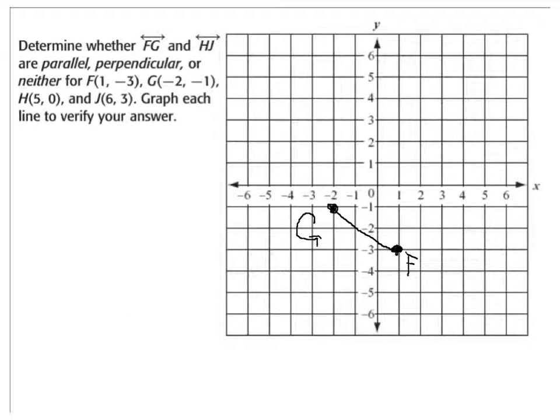HJ is 5, 0. Again, this is a line, by the way, not a line segment, so I want to actually continue this through those points, because I want to make sure my lines, if they do intersect, I want to see where they intersect. Point H is at 5, 0. So again, starting at the origin, go right 5 and up 0.